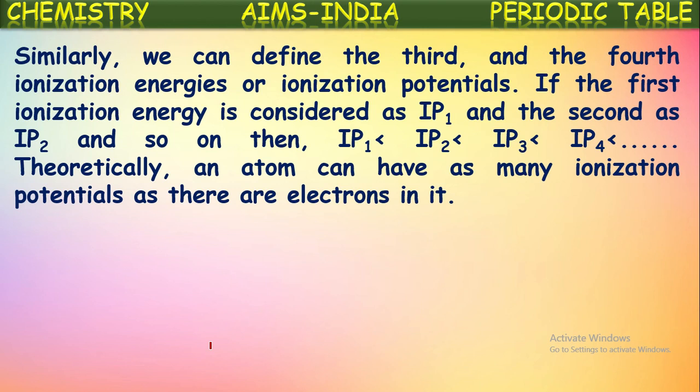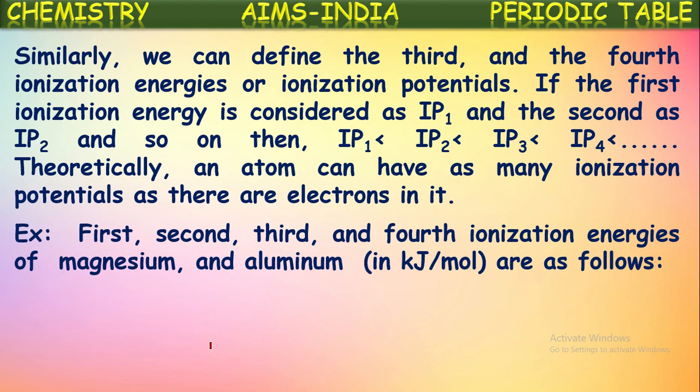Theoretically, an atom can have as many ionization potentials as there are electrons in it. Those many ionization potentials can be defined, but no element will lose all its electrons. Practically, it won't be possible.